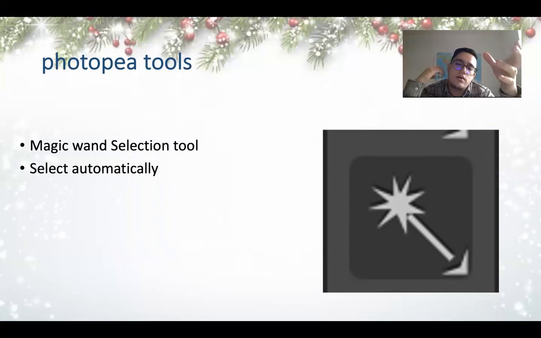So the software can differentiate the two colors, and then it can select a rough selection for you automatically. And of course, you can usually go deep and zoom and fix it by yourself to make it more perfect, because sometimes the program will not have that perfect selection or differentiation as your eyes.